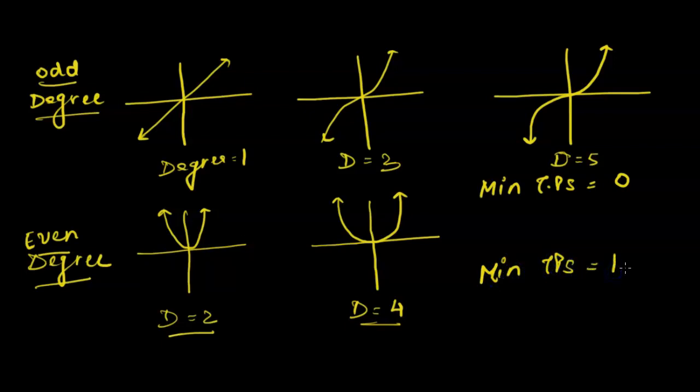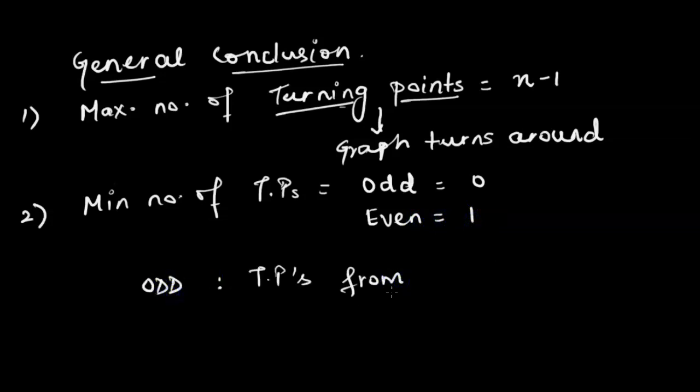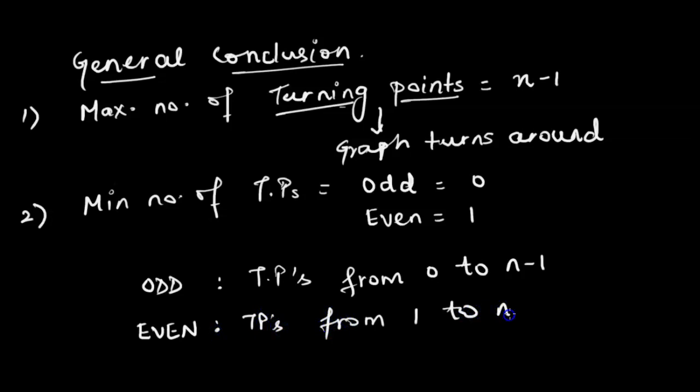Looking at all this, we can write down the general conclusion: the minimum number of turning points for odd degree functions is 0, whereas for even degree functions it is at least one turning point. So when it comes to odd degree functions, turning points can be anywhere from 0 to n-1, whereas when it comes to even degree functions, turning points can be anywhere from 1 to n-1.